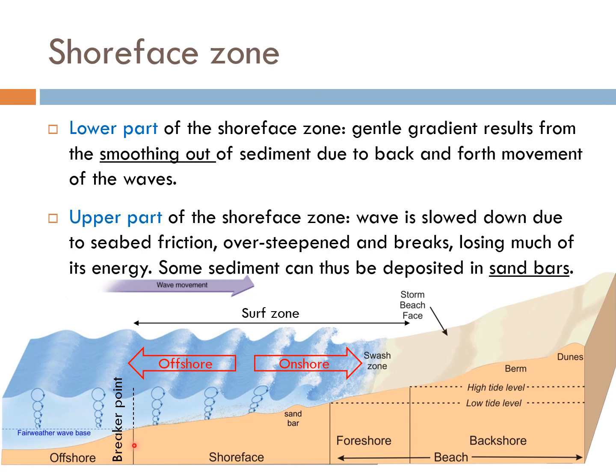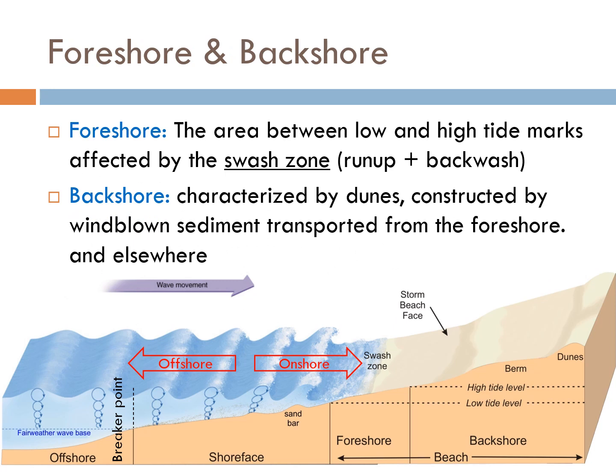The shore face zone can be divided into a smoother lower part due to the back and forth movement of the wave, whereas the upper part is characterized by the sandbar, which is formed due to wave breaking, as we mentioned. In the beach area, we have the foreshore and the backshore. The foreshore, as we mentioned, is located between high and low water mark, which means that it is shifting on a daily basis, but basically within this region.